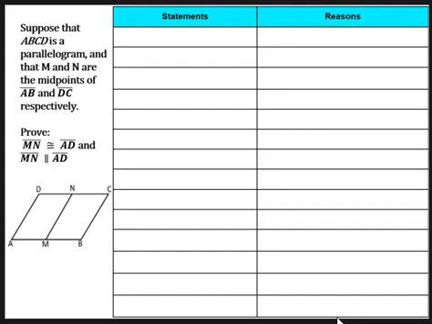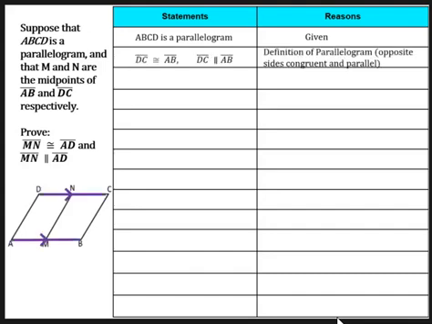I'm going to start with the part of the given, that ABCD is a parallelogram. Since ABCD is a parallelogram, we know that opposite sides DC and AB are both parallel and congruent.